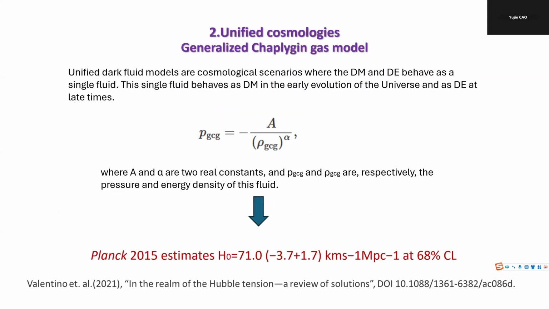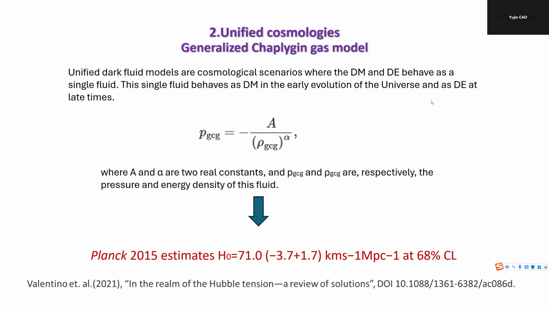Unified dark fluid models are cosmological scenarios where the DM and DE behave as a single fluid. This single fluid behaves as DM in the early evolution of the universe and as DE at late times.